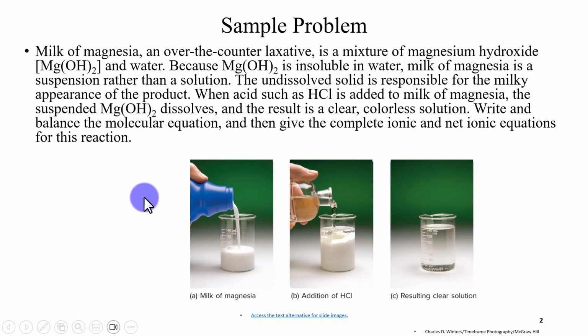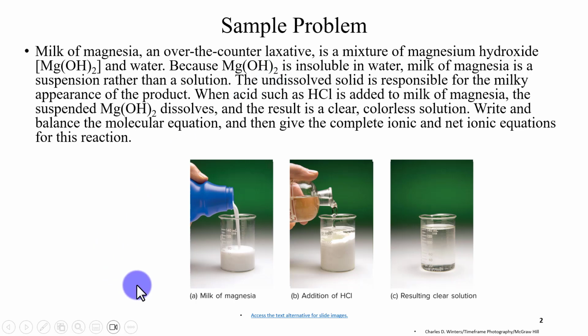Here's the problem for you to try. Milk of magnesia is made of a suspension of magnesium hydroxide and water. Now it looks milky white because Mg(OH)2, magnesium hydroxide, is insoluble in water. Review the flow chart to convince yourself that that's true.